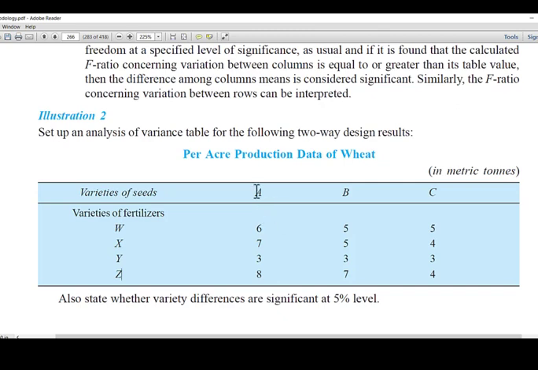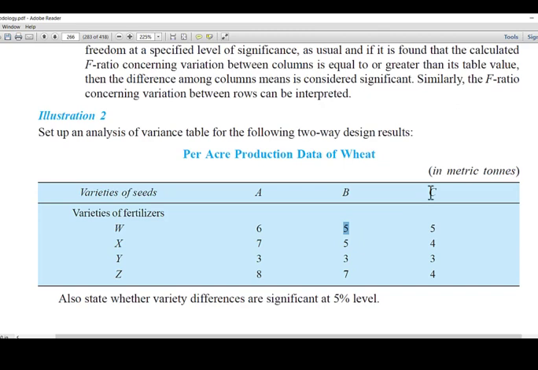When variety of seed A is used with the fertilizer W, then 6 metric tons is the production per acre. And when B is used with fertilizer W, then 5 metric tons is the production per acre.